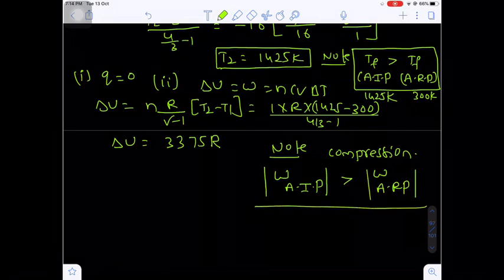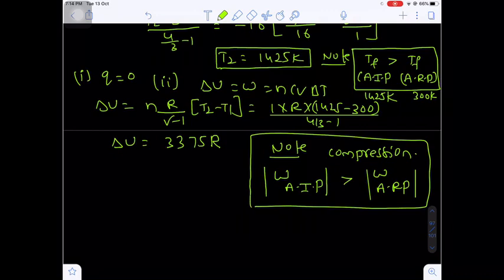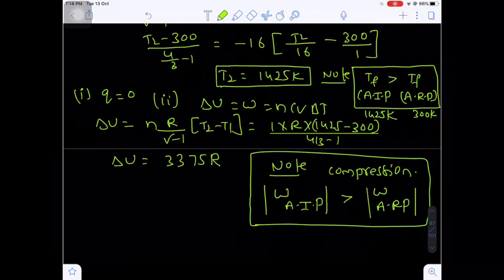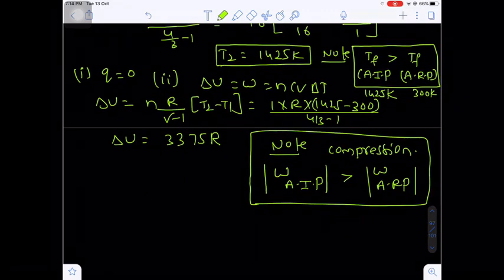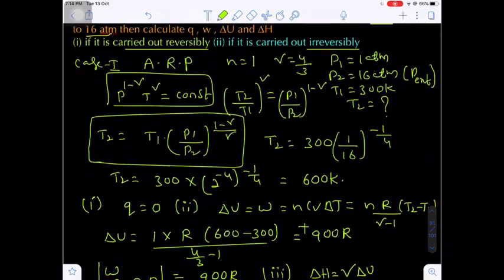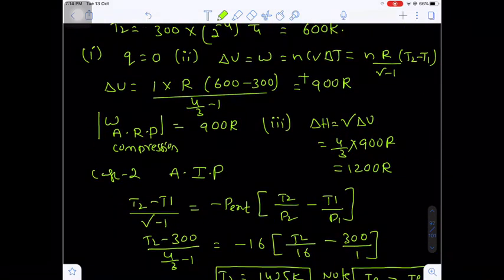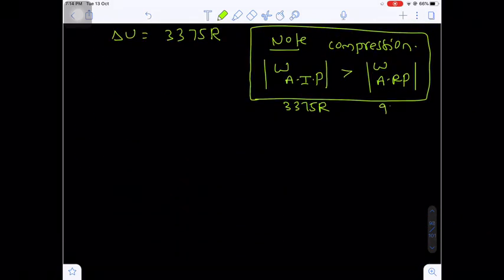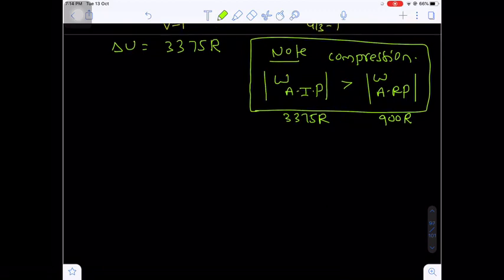In expansion, the reversible process work done will be more than the irreversible process, whereas in compression, the irreversible work done will be more than the reversible, because in the irreversible compression of the adiabatic process, the work done is 3375 R. And what is the work done in the reversible process here? That will be nothing but 900 R. So obviously the work done in adiabatic irreversible compression is more. Are you getting my point? This is also one important conclusion.